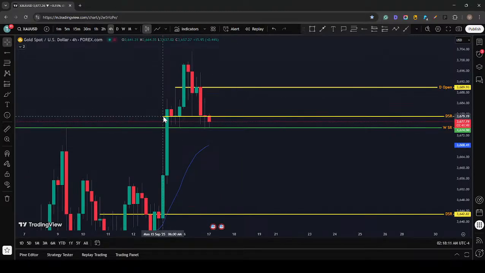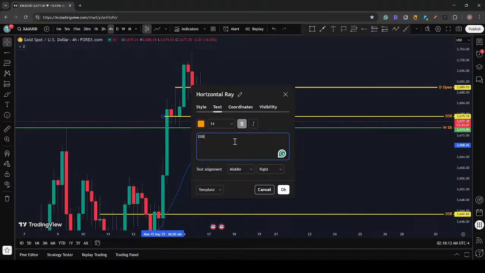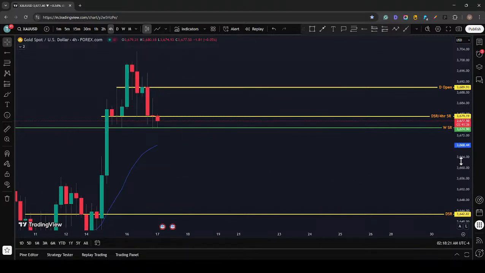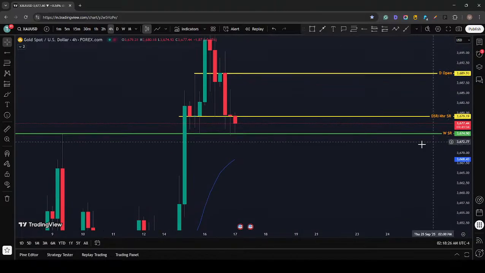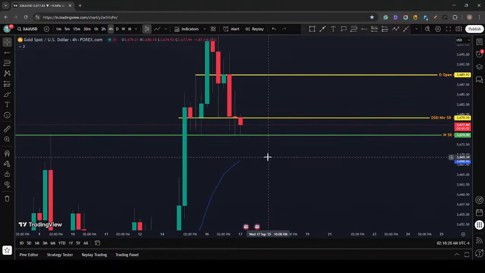See, on the 4 hour time frame, it's aligning perfectly. There is the 4 hour SR. This is my way of marking. It's a little bit different from what they mark in SRC.